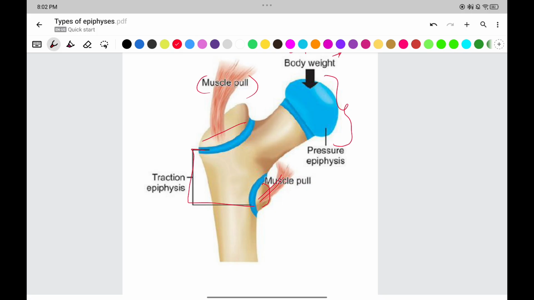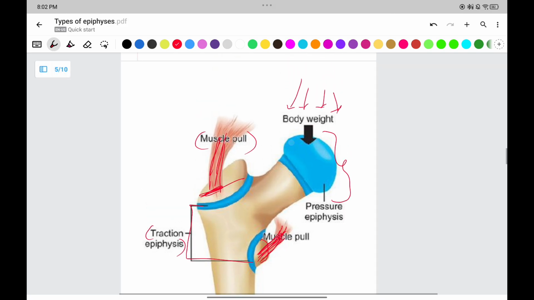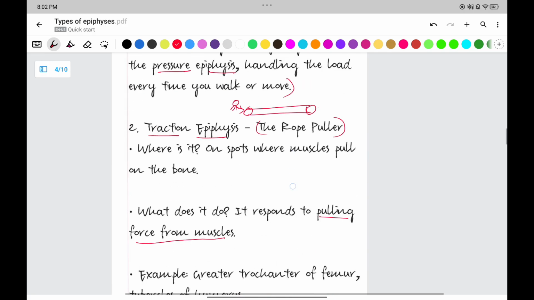A muscle is attached to this part. The muscle pulls the bone at a specific angle, so it is known as the traction epiphysis. Whenever somebody asks what is traction epiphysis, we must remember the muscle pull. There is a muscle attached to that specific part, and it pulls at a specific angle or direction.